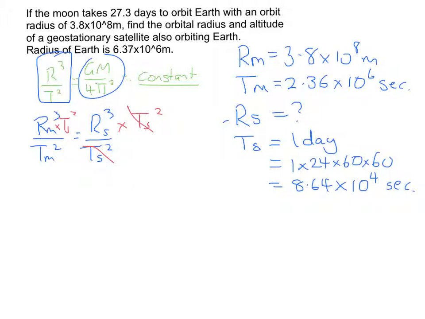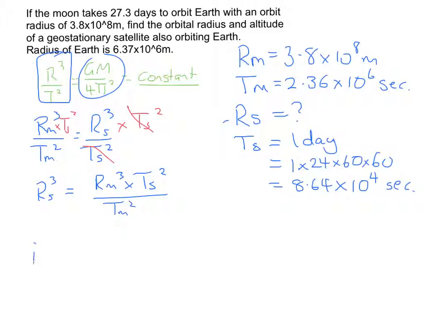That will leave us with the radius of the satellite cubed equal to the radius of the moon cubed times the period of the satellite squared all over the period of the moon squared.